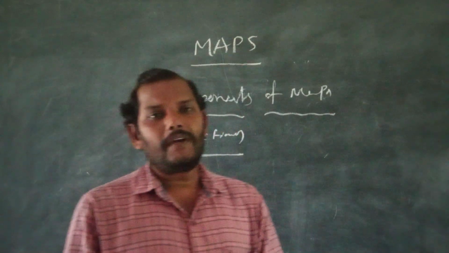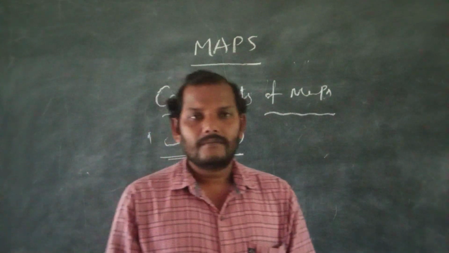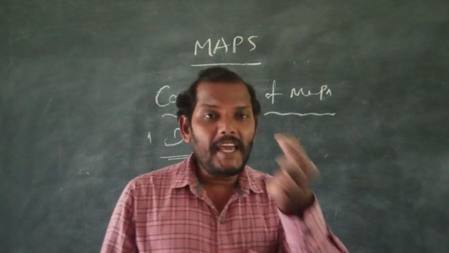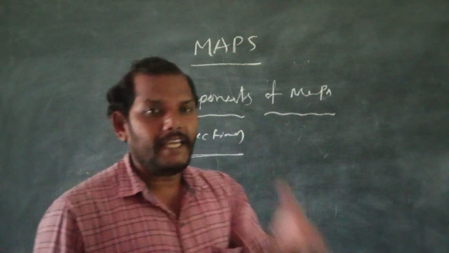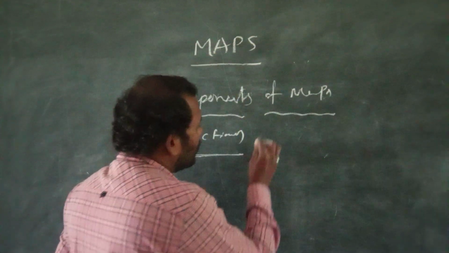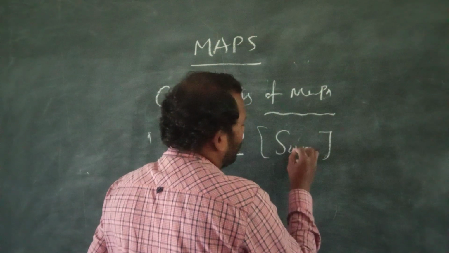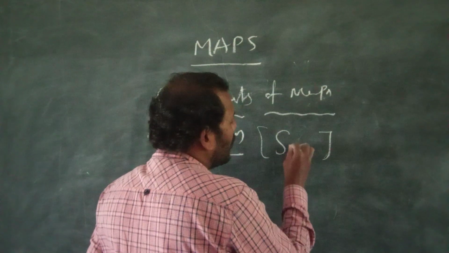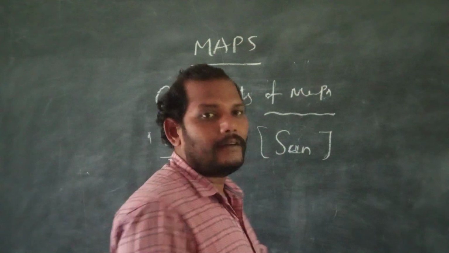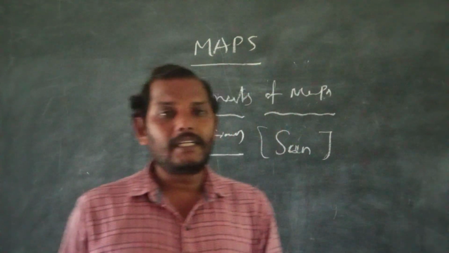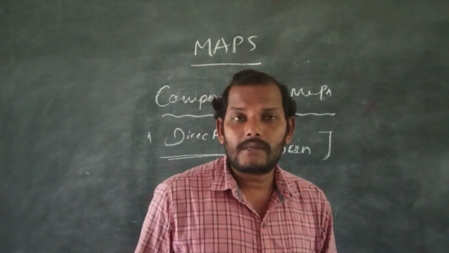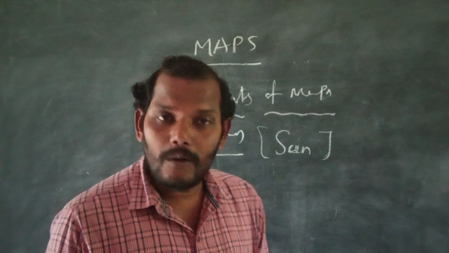How can we identify the direction? The major object that helps is the sun. The sun is the major object to identify the directions of a particular area.